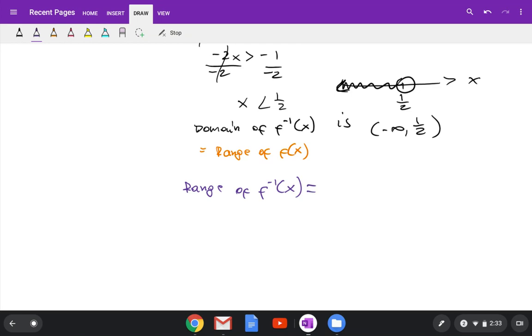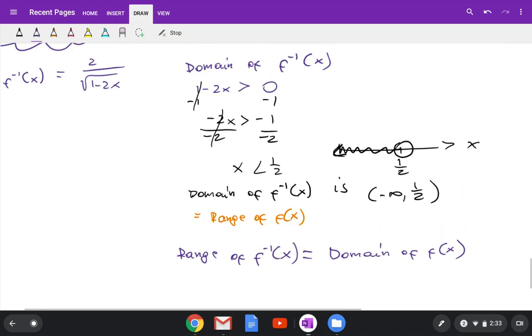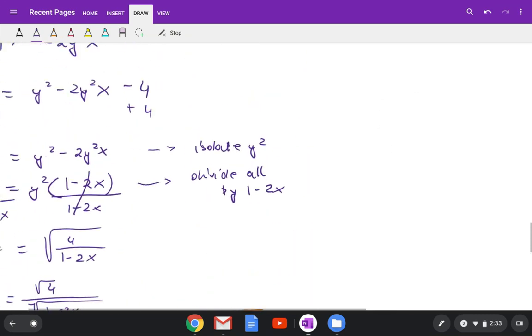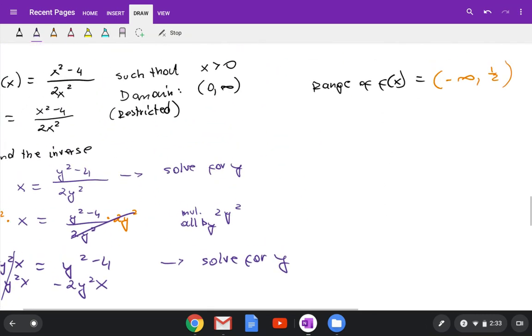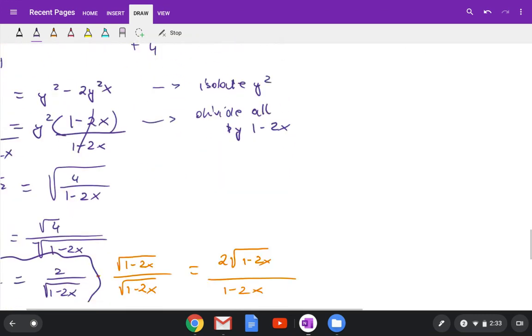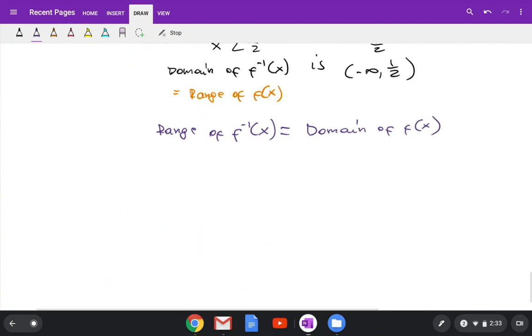But since I know the fact that the range of the inverse is the same as the domain of the original function, and we already found the domain of the original function, which was given from 0 to +infinity, that's my range of the inverse, which is from 0 to +infinity.